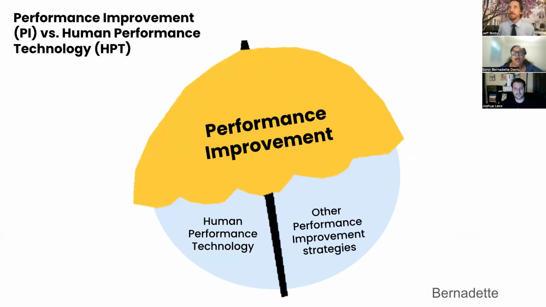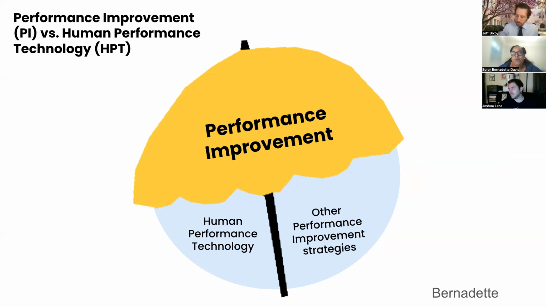All right. Performance improvement versus human performance technology. So as I just explained, human performance technology is a model that does heavily rely on technology, as far as if they decide to create an e-learning or some kind of education intervention.